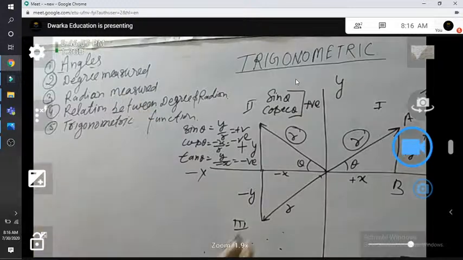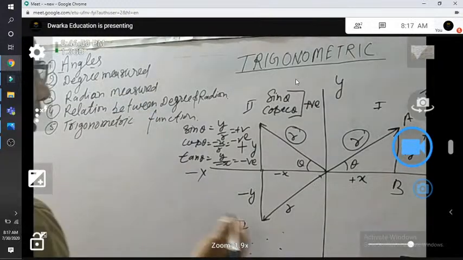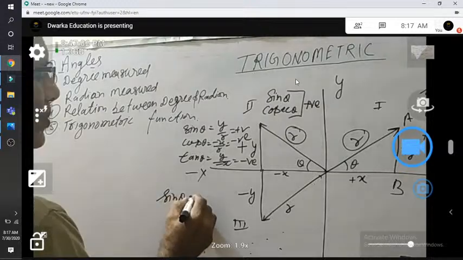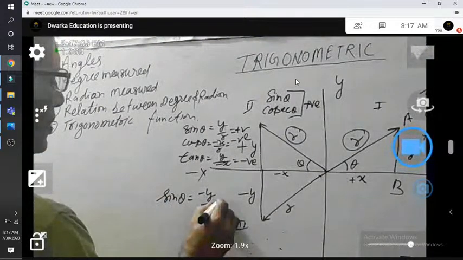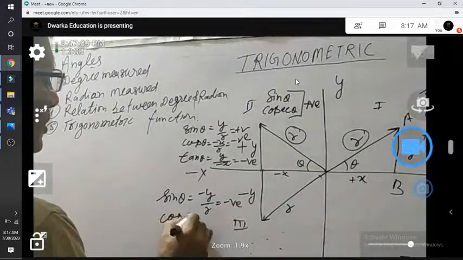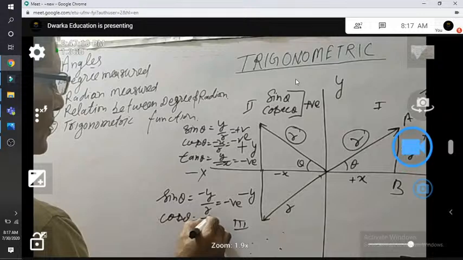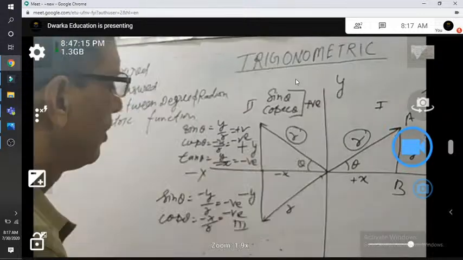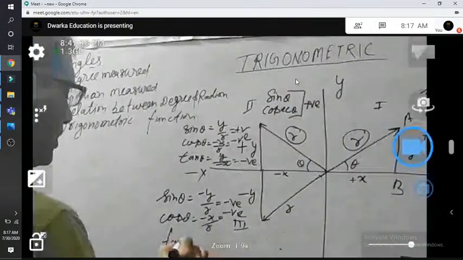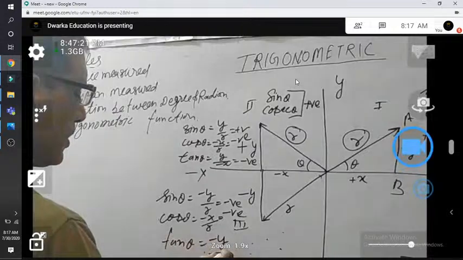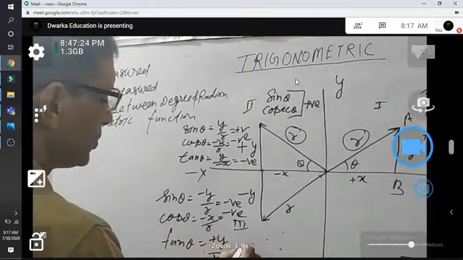In this quadrant, sine theta is equal to minus y over r, which is negative, and cos theta is equal to minus x over r, also negative, and tangent theta is equal to minus y over minus x, which is positive.